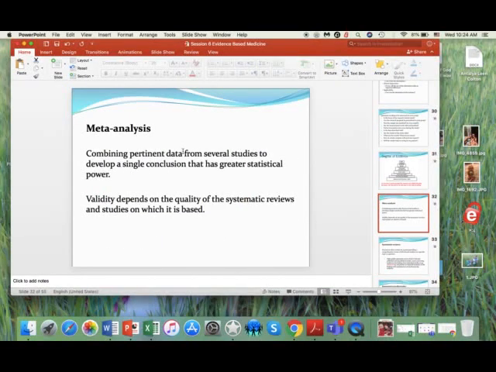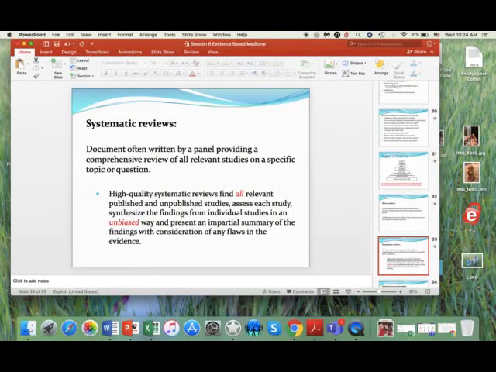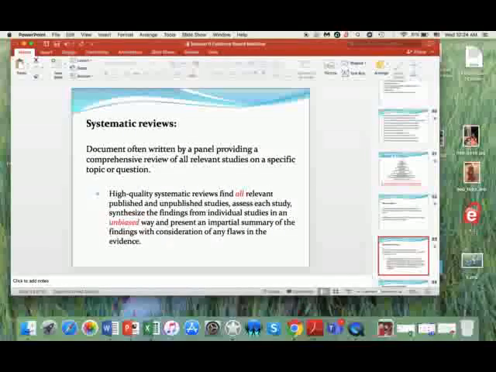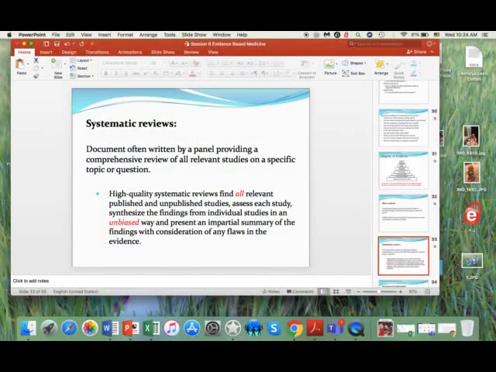Whereas a meta-analysis is actually more like a study that is being done. It's a study of studies, while a systematic review is more of a review that has been done, and then a new document is created providing recommendations, often on what we should do.